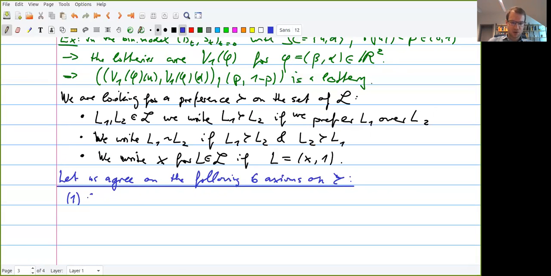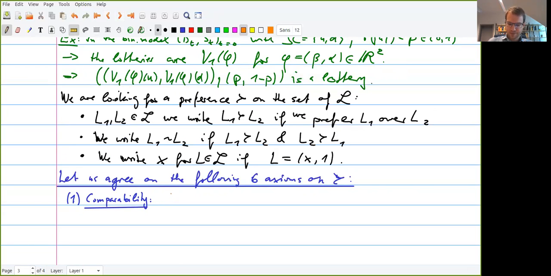So the first one is called comparability. So what does it tell me?